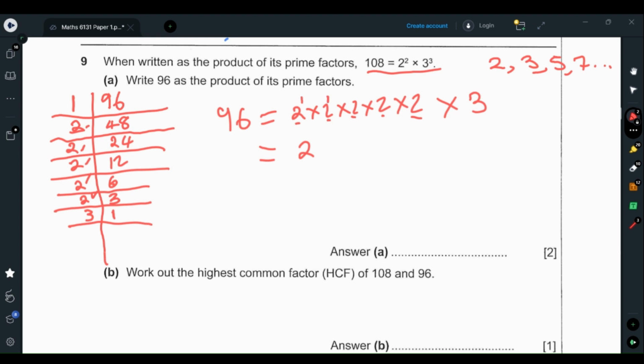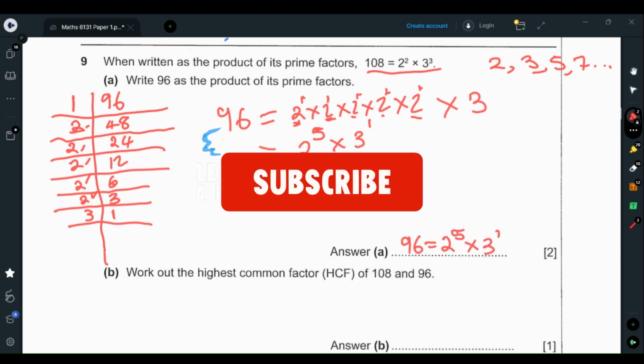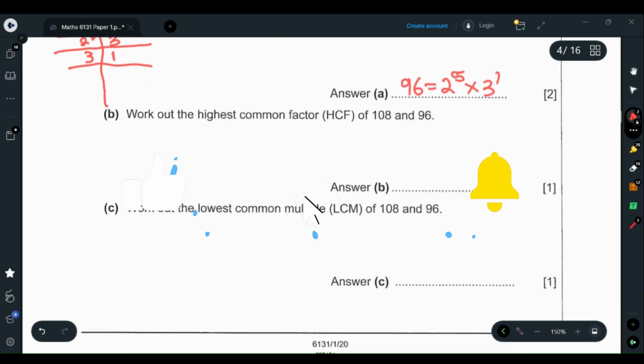Employing laws of indices, if the bases are the same when multiplying, then you add the powers. In this case, we have 1, 2, 3, 4, 5, giving us 2 to the power 5, multiplied by 3 to the power 1, because it's only one 3. So writing 96 as a product of its prime factors, 96 is equal to 2 to the power 5 times 3 to the power 1. Alright, so that's it for this one.